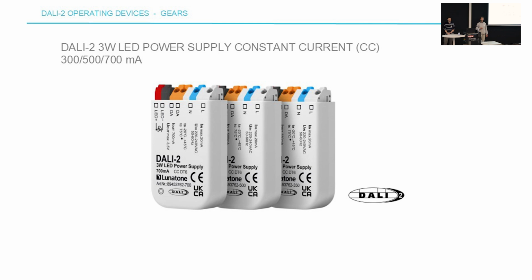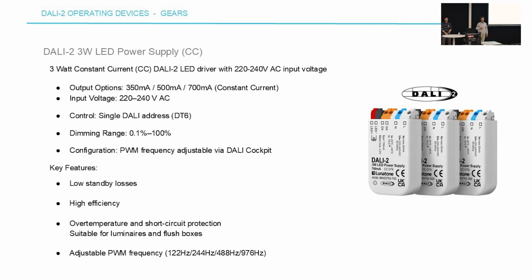Another device in this category is the DALI 3 watt LED constant power supply. This is a CC device with 300, 500 and 700 milliamps output. It gets connected to 230 volt mains and to the DALI bus. Again, you have a dimming range from 0.1 to 100% with this device.